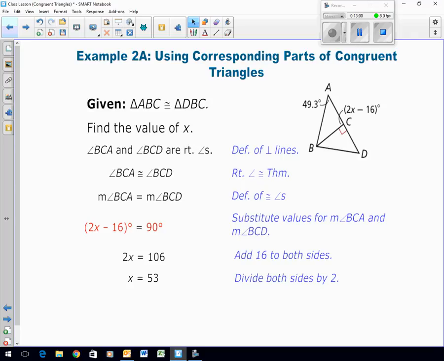What does this box mean? 90 degrees. How much is my value here? 2x minus 16. That means that 2x minus 16 has to equal 90. Okay? Substitute my expression into an equation. Set it equal to 90. Solve for x. Add 16 to both sides, divide both sides by 2.